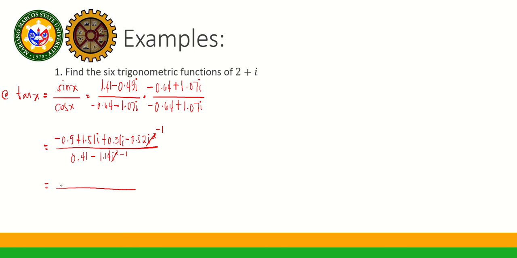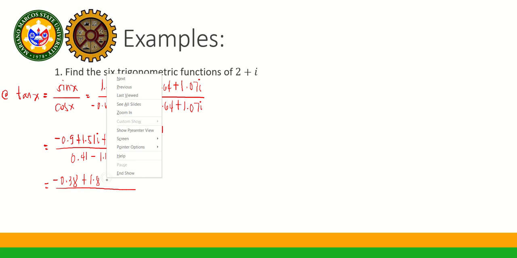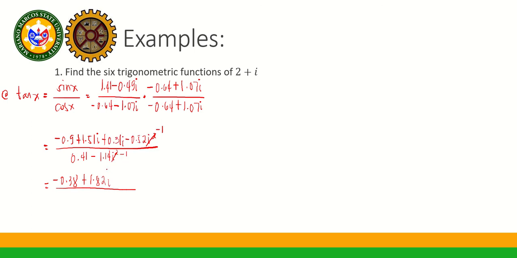So this is equal to negative 0.38, and then 1.51i plus 0.31i, that is positive 1.82i. Correct. And then over 0.41, minus negative, that is positive, plus 1.14, that is 1.55.